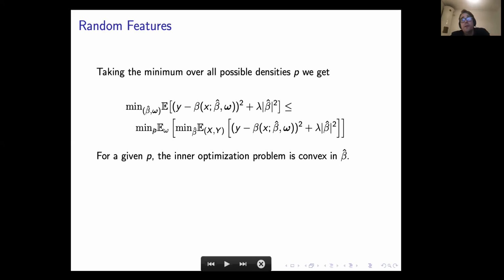So for a given sample of omega, we can just solve the normal equations and get this value. So really the hard part now is to find the density that minimizes this expression.